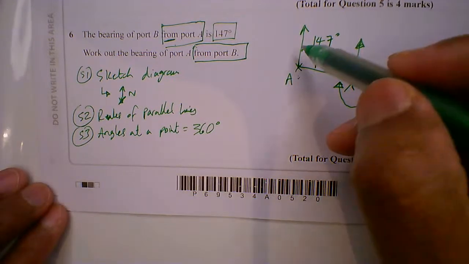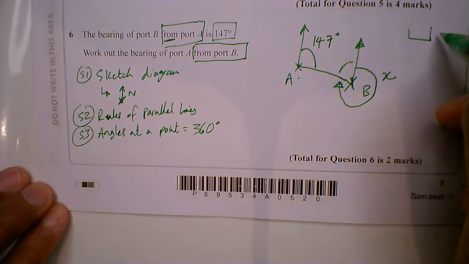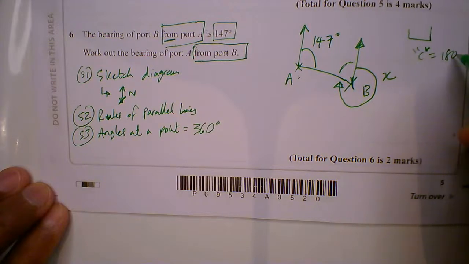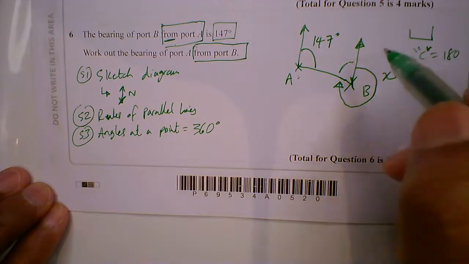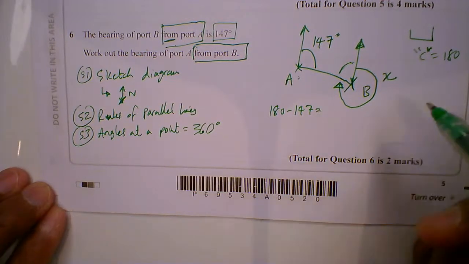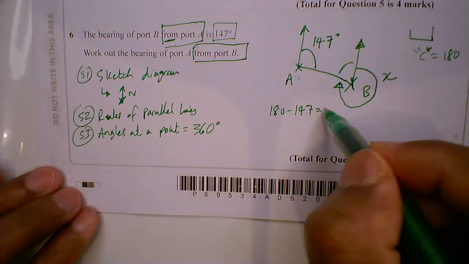So here we can see this is parallel lines. So this is a C angle. So C angles are supplementary, they make 180 degrees. So to work out this angle, it's going to be 180 minus 147. You can use your calculator. So that gives us 33.